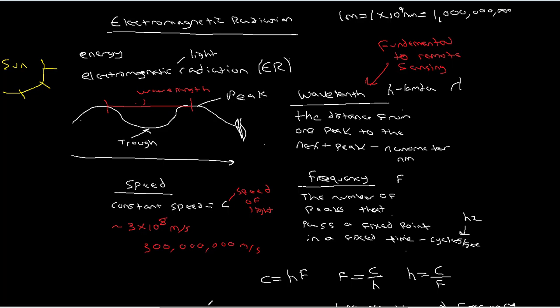Okay? And so what I want to do now is go through and talk about what happens after the energy's been emitted. And so we're going to walk through a nice diagram.